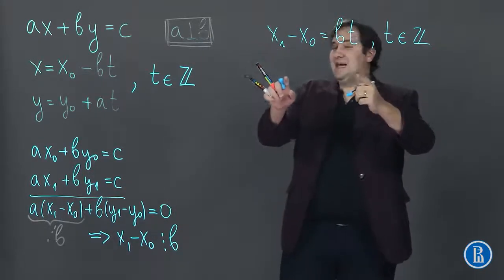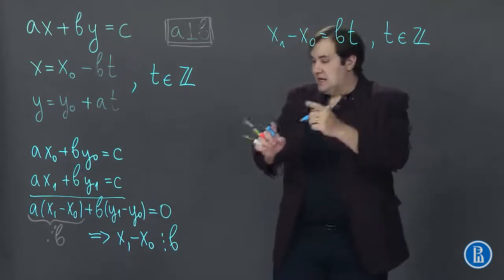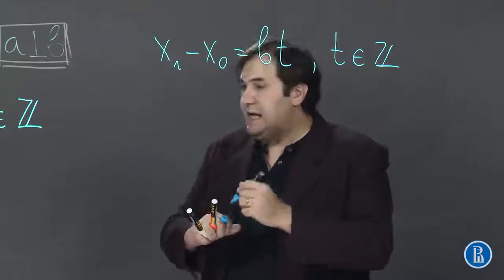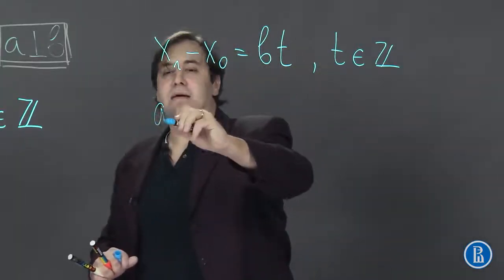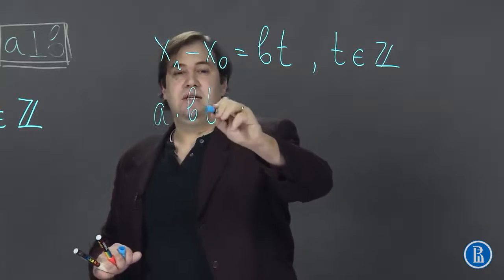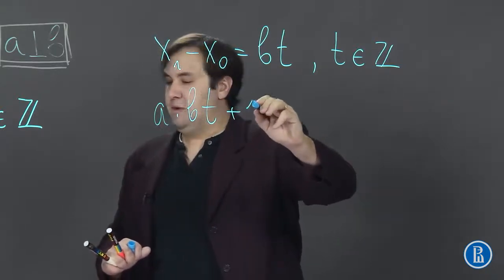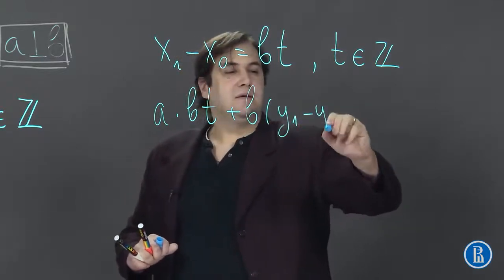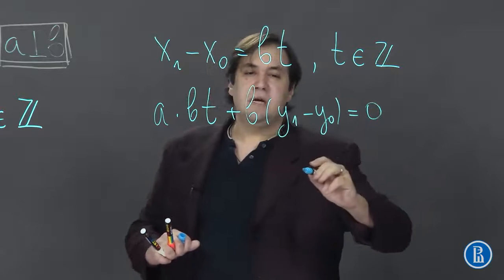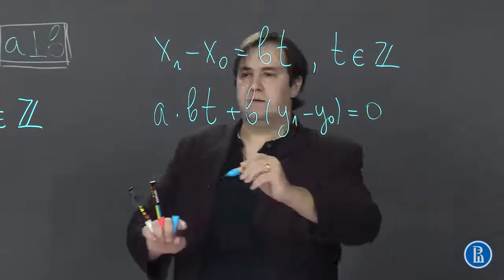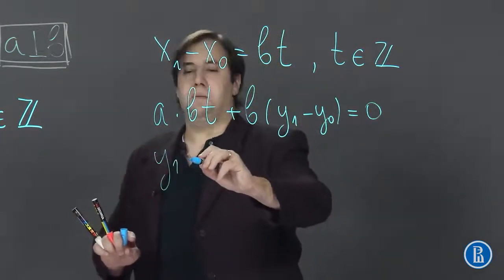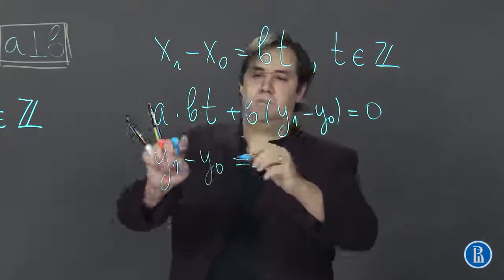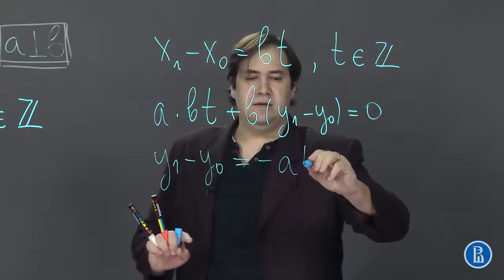We use this equality and substitute x1 minus x0 into this equality, and obtain that a multiplied by bt plus b multiplied by (y1 minus y0) is equal to 0. So from here we see that y1 minus y0 is equal to minus at.